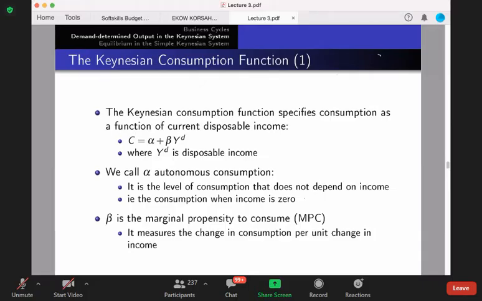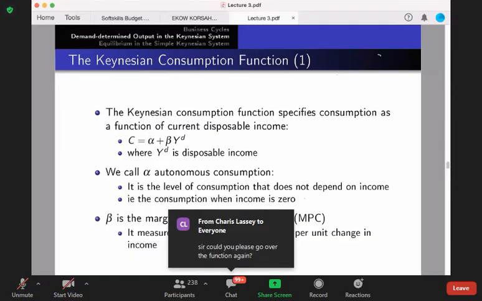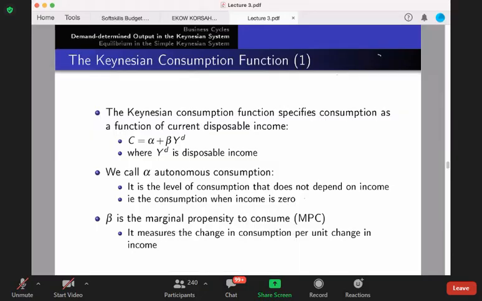Sir, I was asking for realistic daily life examples of autonomous consumption. Assuming you don't have money on you, do you consume?